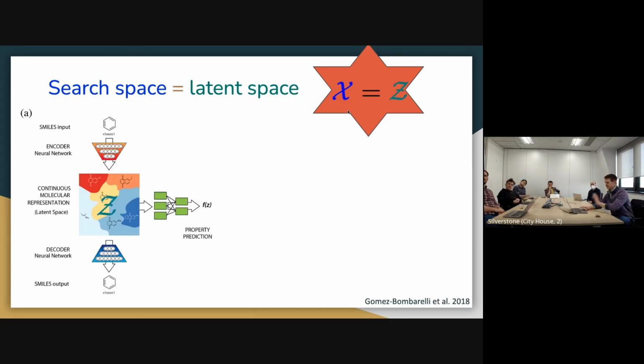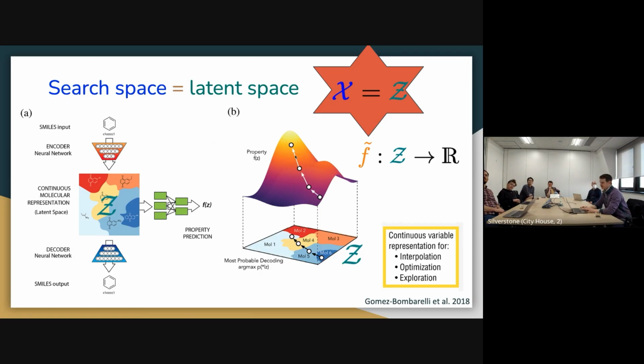This is from the original paper. These algorithms do work very, very well in certain settings. But the premise here is that when you're looking at the property of interest, which could be some arbitrary property that we're only about to see, we've only got a few data points of this property. The hope is that with this pre-trained VAE model, when you move around in the latent space, the objective function moves smoothly.